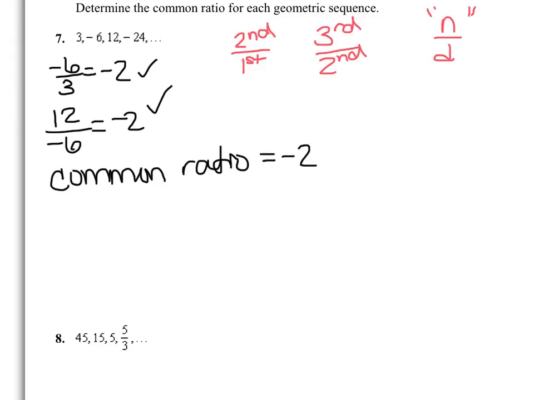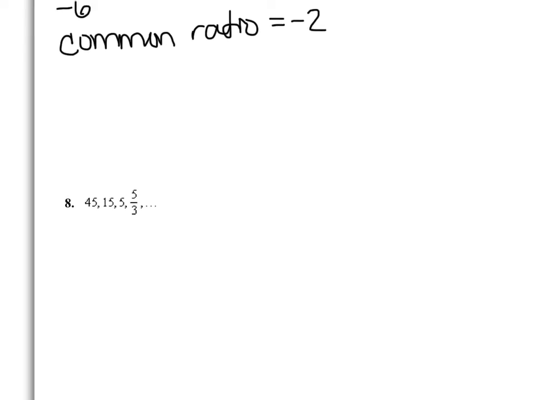All right, the next one, 45, 15, 5, and then 5/3. You can see your sequence is getting smaller. It's decreasing. That does not mean my common ratio is negative. It means my common ratio is going to be a fraction. So I've got to figure out that fraction. So I do my second term divided by my first term, and if I use that N over D button in my calculator, that's going to give me 1/3.